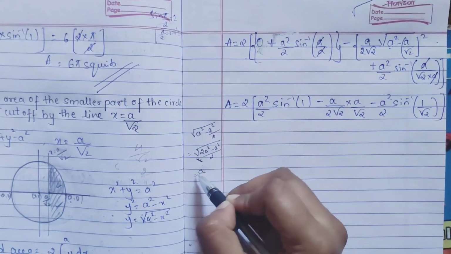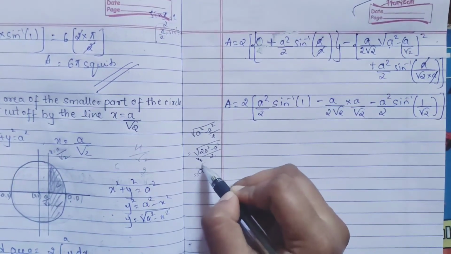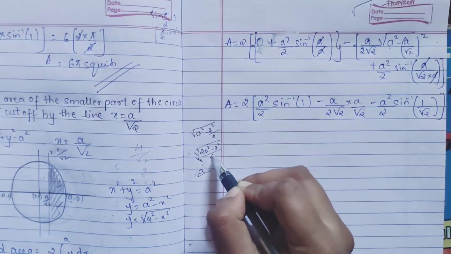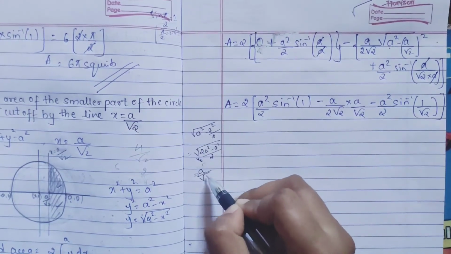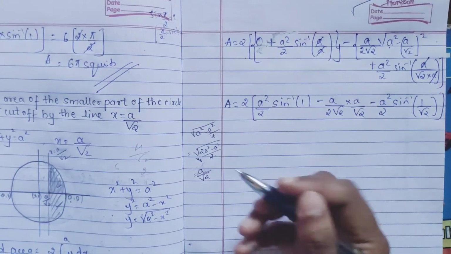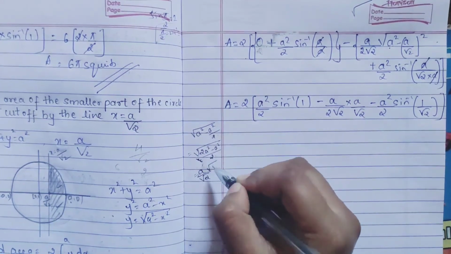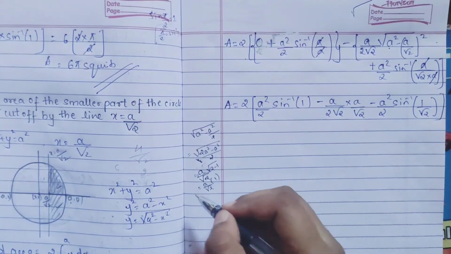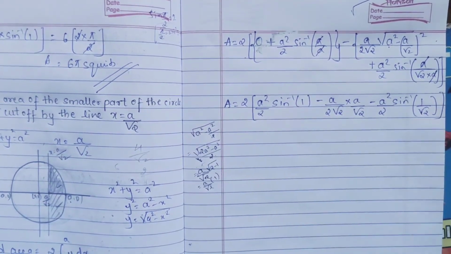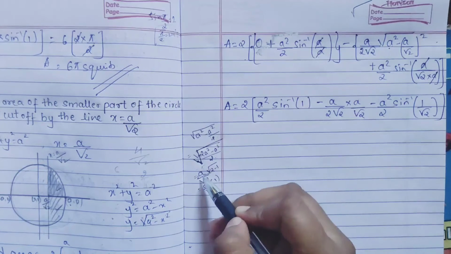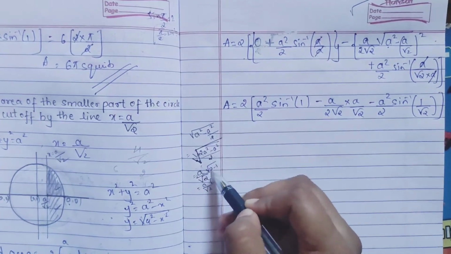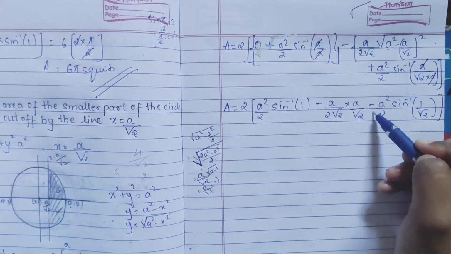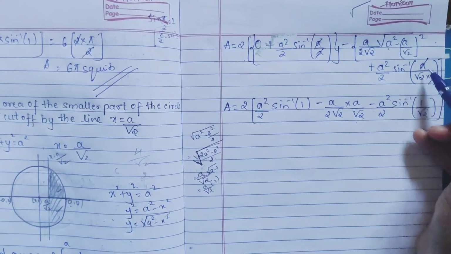A square coming out of the root, root and square cancel, and here it is 2, but when I take it outside it will be root 2, and the remaining is 2 minus 1, which is 1, and root 1 is 1 only. So a by root 2 comes out directly, minus a square by 2 sin inverse, the a cancels, and you have 1 by root 2.